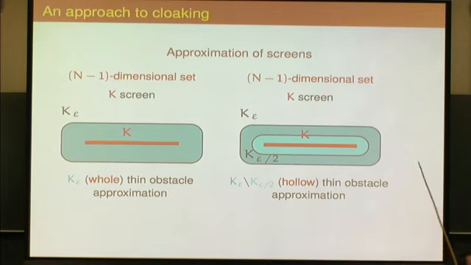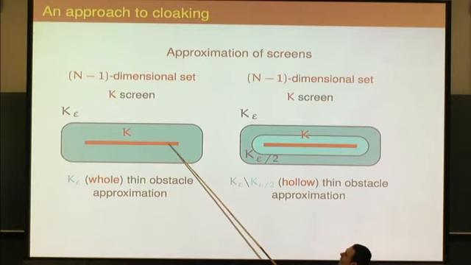The main idea is the following. Instead of having here a sound hard hollow obstacle, I would like to replace it with a medium that does the same kind of approximation, that at the limit goes to the behavior of a sound hard screen.